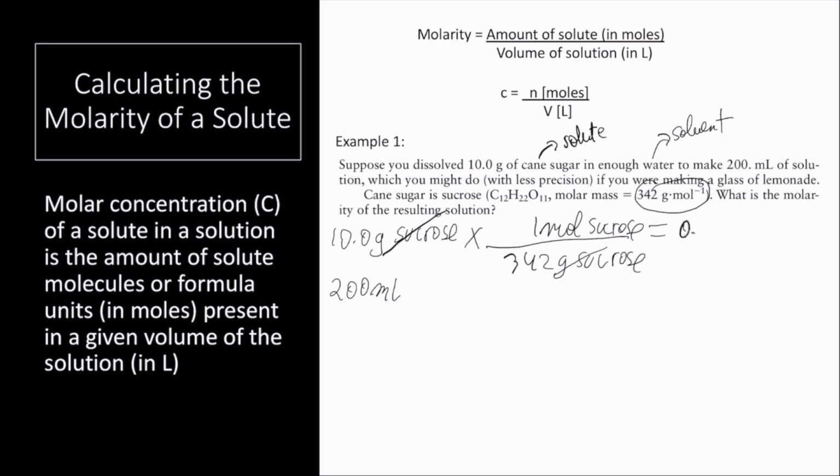So the final answer gives us 0.0292 moles of sucrose. Then the volume of the solution, 200 milliliters, must be converted to liters. To do that, we use the following conversion factor.